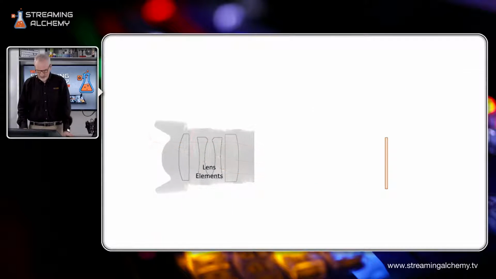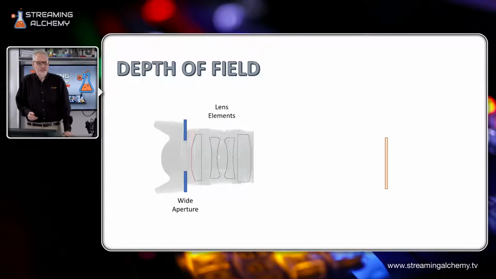But the other piece to this, and this is really where the aperture comes into play, is something called depth of field. Now, people sometimes use this term to mean they want a shallow depth of field. They want to see everything that's behind a subject blurry, and just the subject of a video in focus.